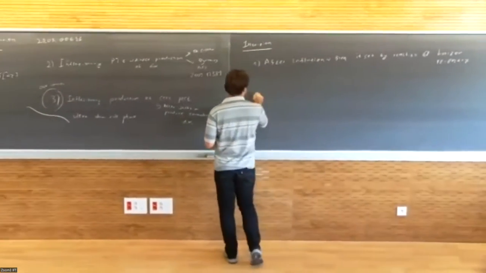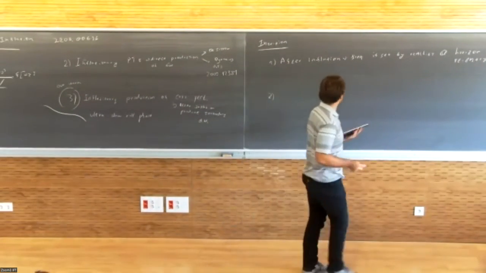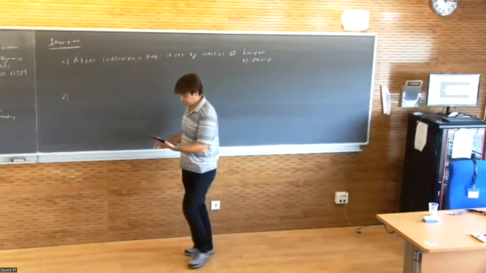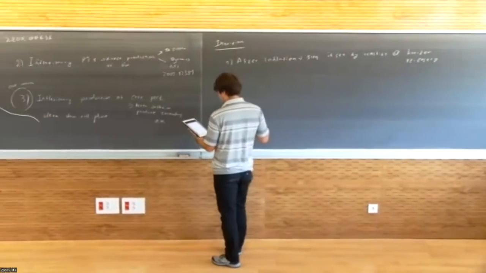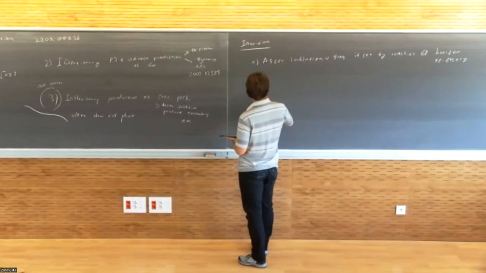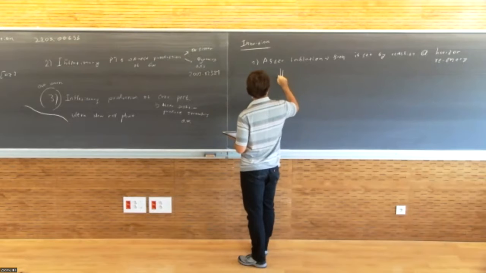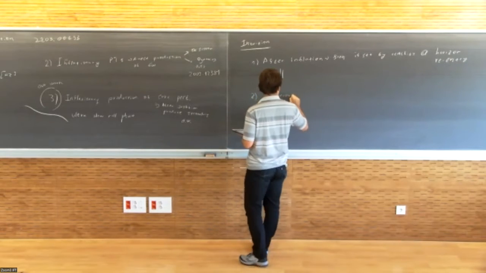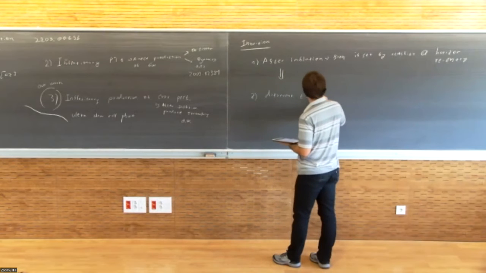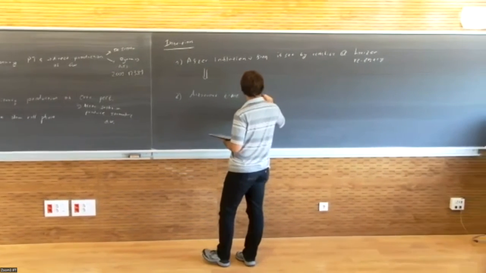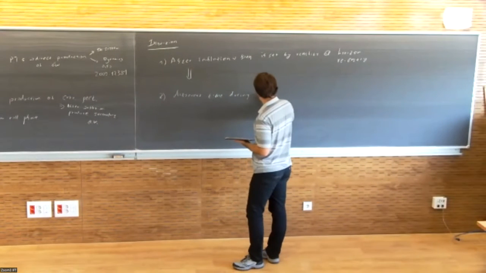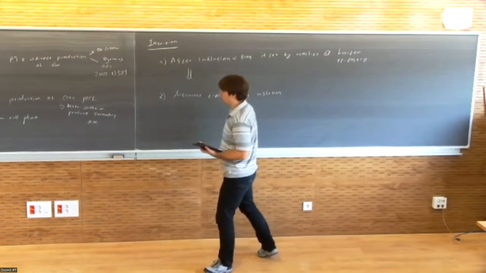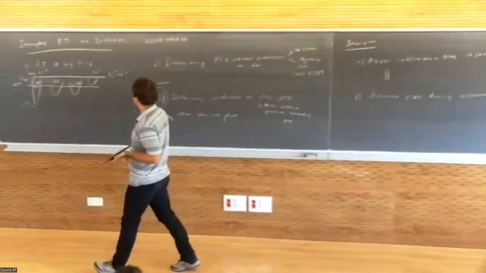And this corresponds to different redshifts for horizon reentry, so this corresponds to different times during inflation. Okay, so let me go back here.